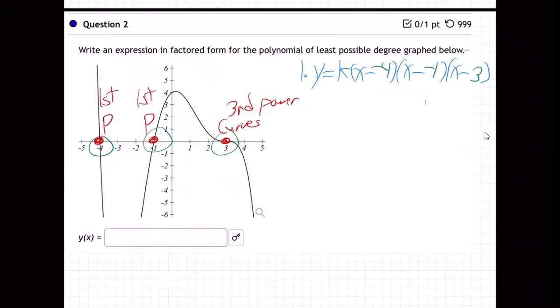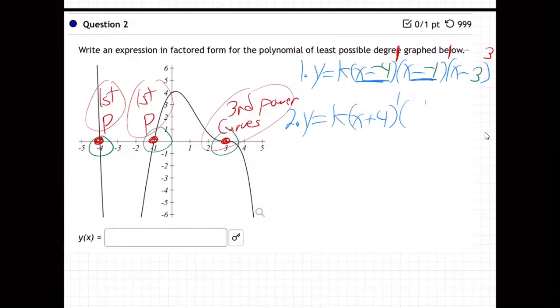And the powers for those are first power, first power, and third power. There it is. Step 2, clean that up a little bit. So x minus a -4 is x plus 4. Minus a -1 is x plus 1. And then x minus 3 to the third power.